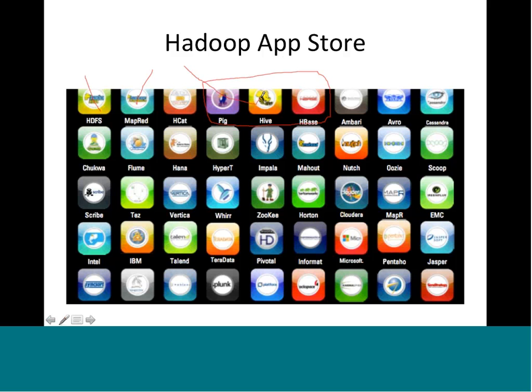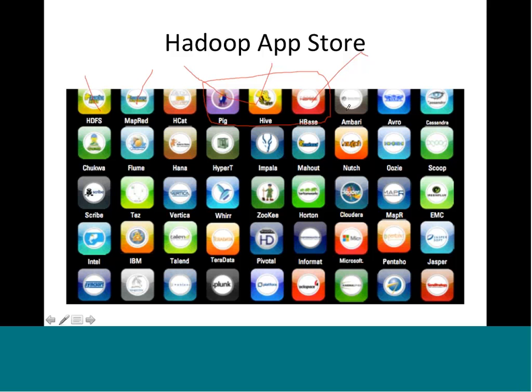Because Pig and Hive provide you analytics capability, and HBase provides you operational analytics using a NoSQL database, right? So I can get operational analytics, apart from normal select-based analytics or data grabbing-based analytics, using HBase. So I can add HBase also as part of my ecosystem, right?